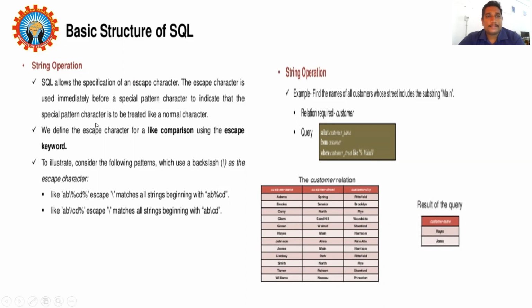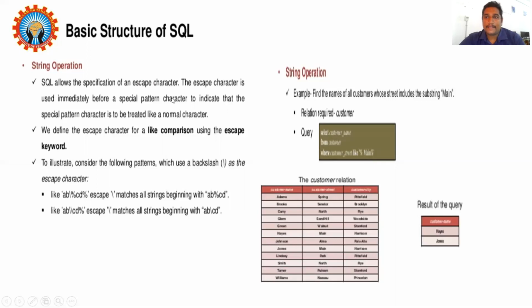In this class I want to start with the previous class topic, string operation. If you use string operations in SQL, it allows the specification of an escape character. If you want to retrieve a particular value, you use the like operator.